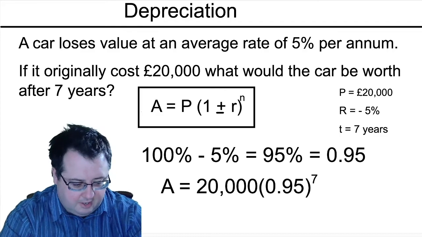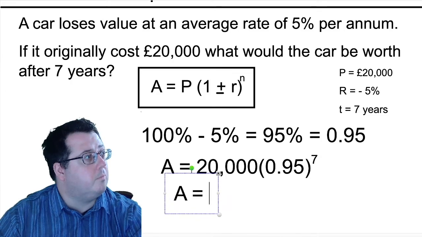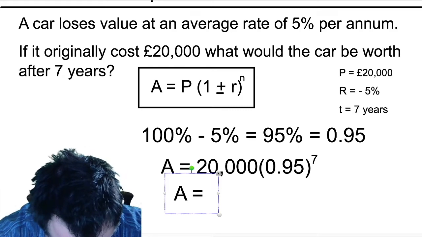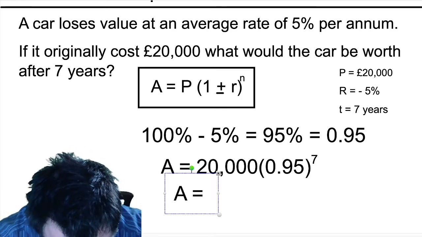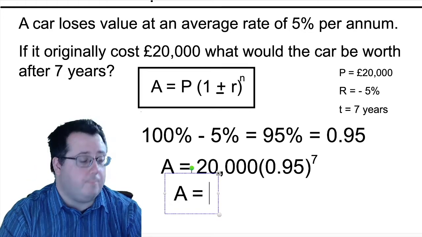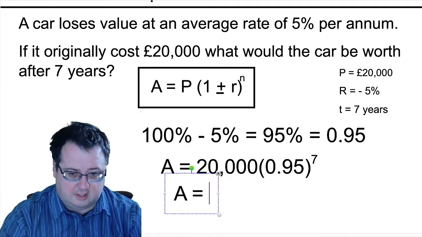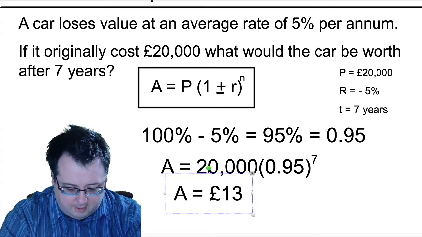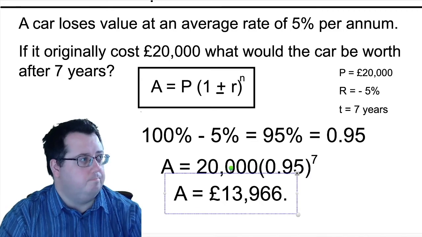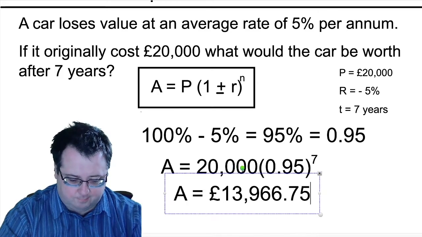And I will get a value for A at the bottom, which will be, on my calculator, 0.95 to the power 7 gives me 0.6983372961, and then I'm going to times that by 20,000, gives me an answer of 13,966.74592. Well, that's going to be 75.